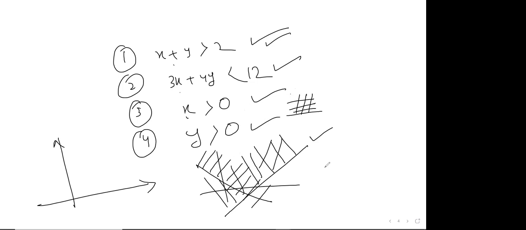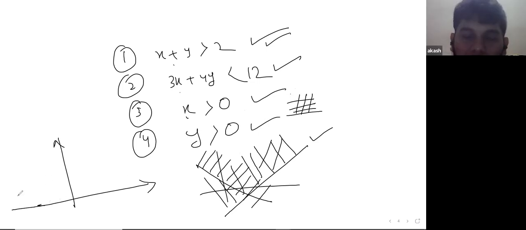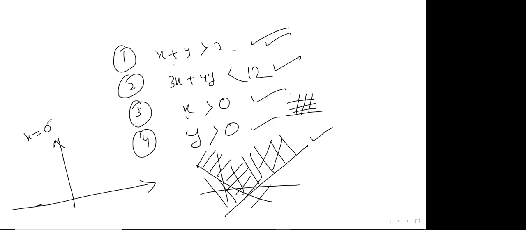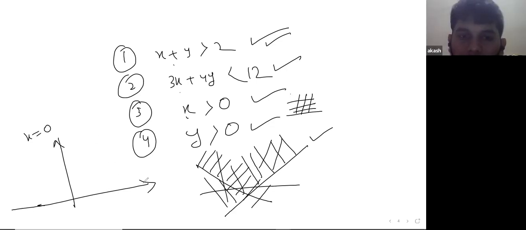Sir, actually, this x is greater than 0. How do you show it, sir? It will be origin. No. See, x equals to 0, which line is this? X-axis. Are you sure? x equals to 0. Where do we have x equals to 0?